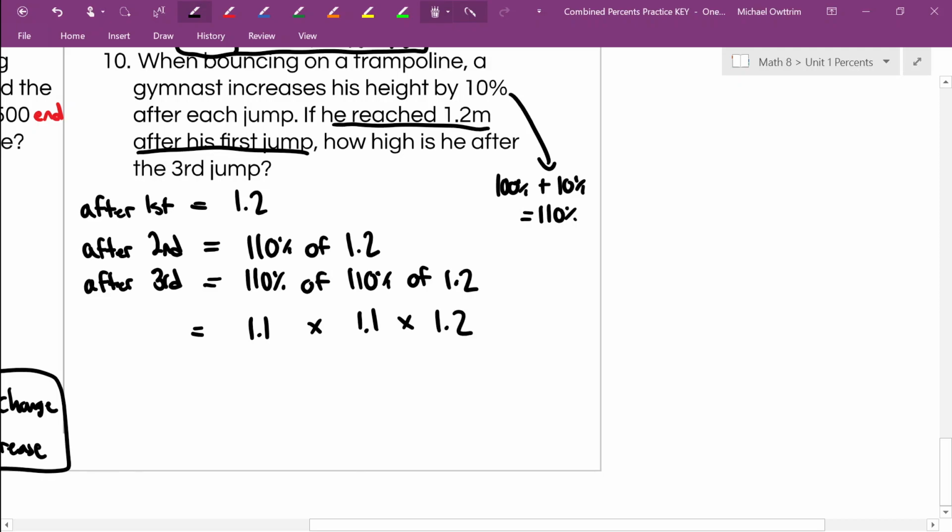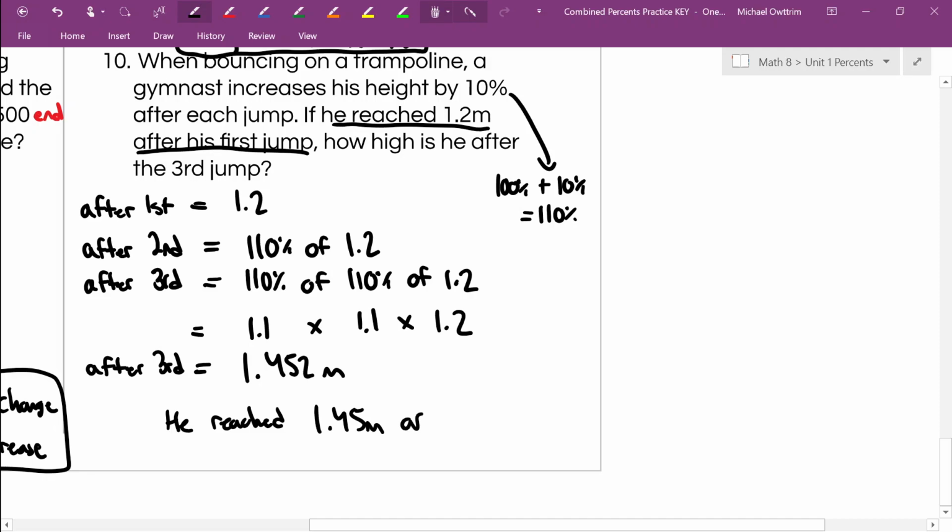So multiplying those out on our calculators gives us 1.452 meters after the third jump. And rounding that to the nearest hundredth, I'll say he reached 1.45 meters after the third jump.